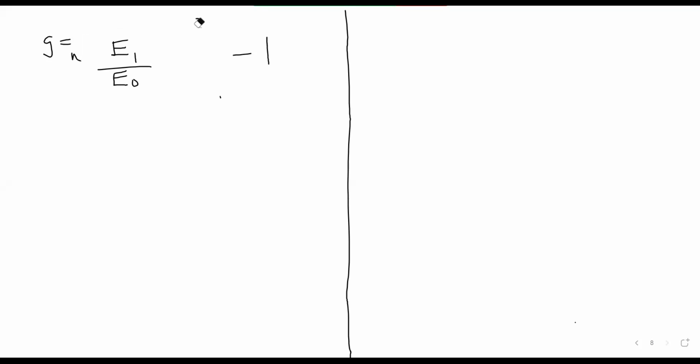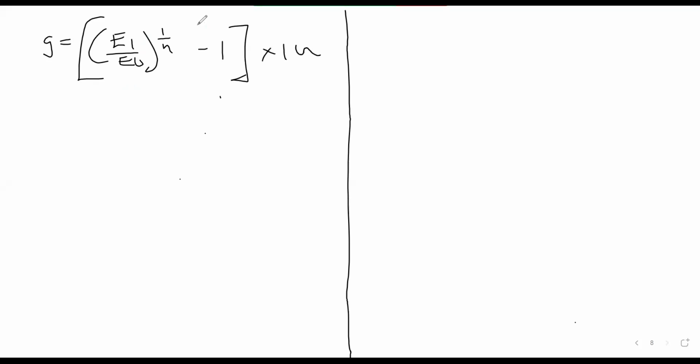Or if you can't write this particular thing, just write E1 over E0 exponent 1 over n minus 1, then you multiply your answer by 100. Okay, that is another way of calculating that.